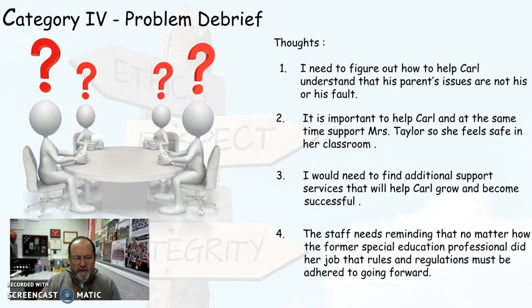Let them know that I'm the teacher now, and we're going to do it my way, and we're going to follow the rules and regulations, and we're going to do what's best for Carl, regardless of what may have happened in the past. That's a really touchy thing you have to be careful with, especially in small schools, because staff tends to stay there for a long time.